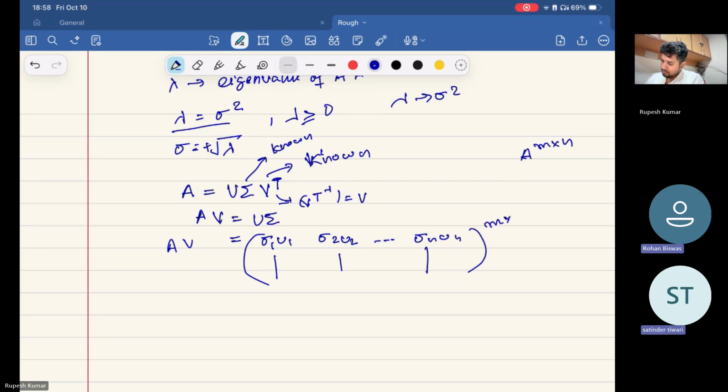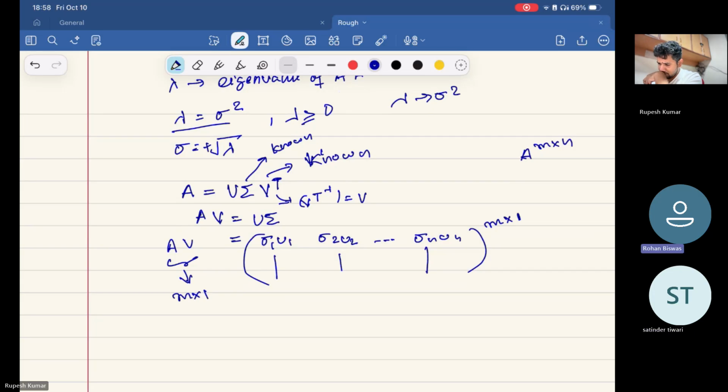Both have the same number of columns, no? U is M cross M, V is N cross N. So I think there will be a dimension mismatch, which means we still have to find more U vectors.